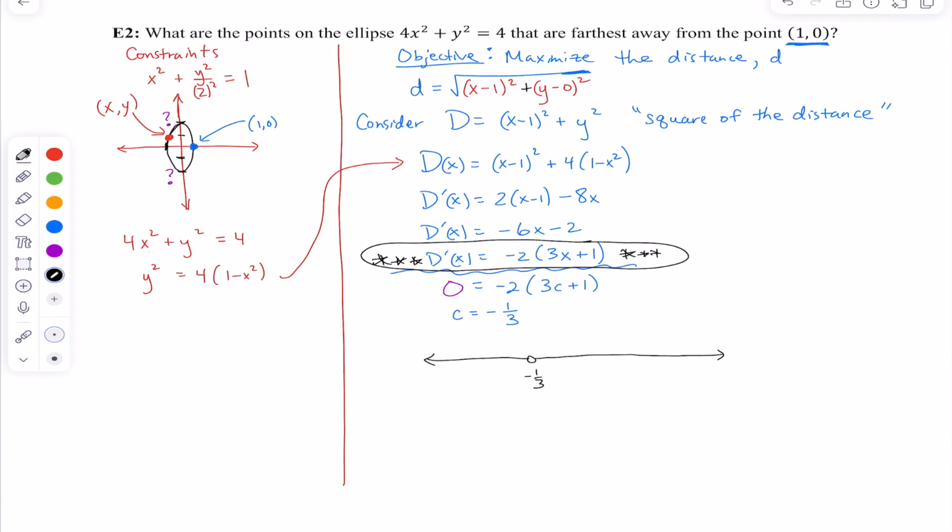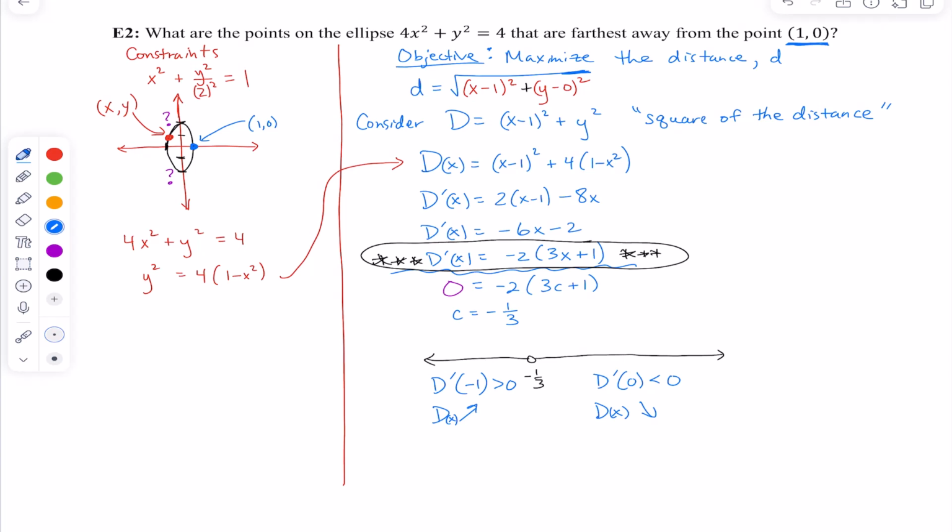Now, I'm going to test this in the first derivative. Let's test negative 1 in the first derivative and see what we get. We get positive. And then let's test 0 in our first derivative and see what we get. We get negative. So that means the square of the distance function is increasing, and then the square of the distance function is decreasing after the critical number.